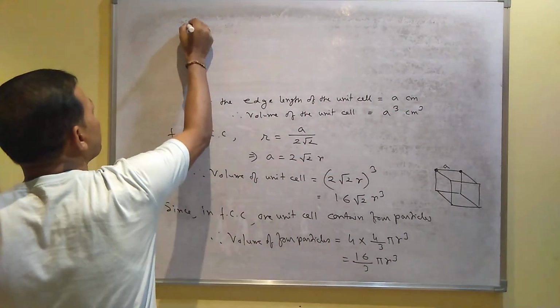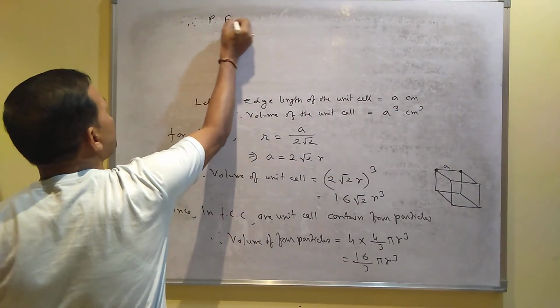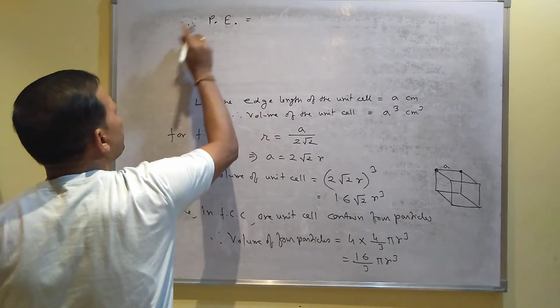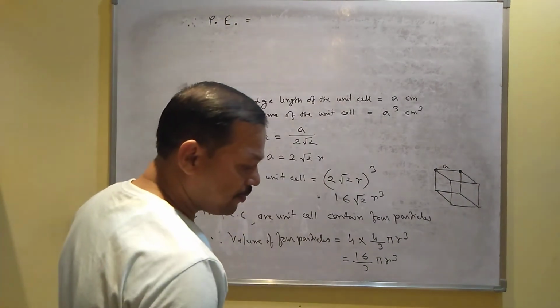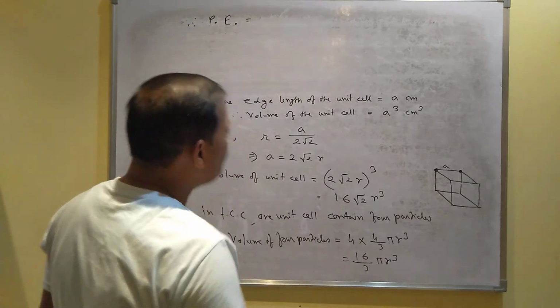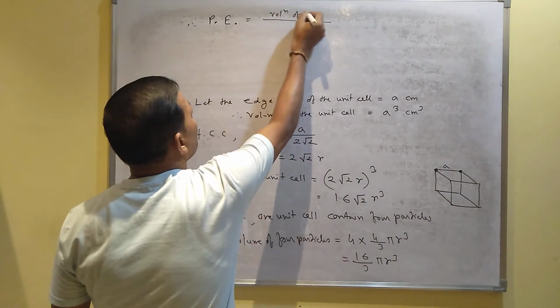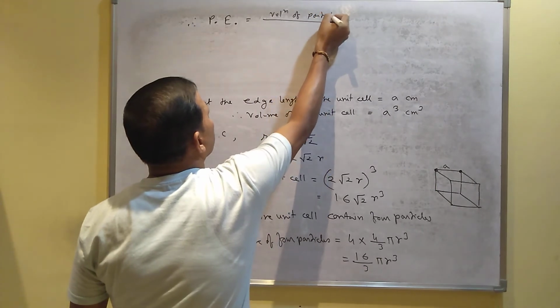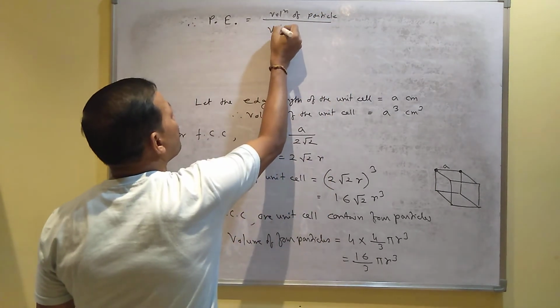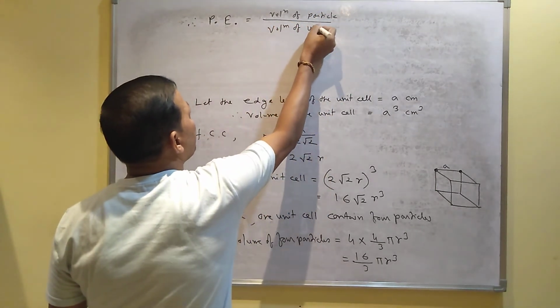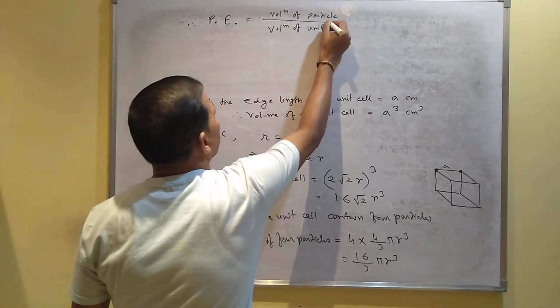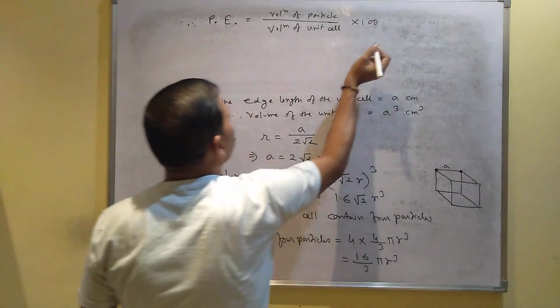Therefore packing efficiency, P, where P means packing efficiency, is equal to volume of particle divided by volume of unit cell, whole thing multiplied by 100.